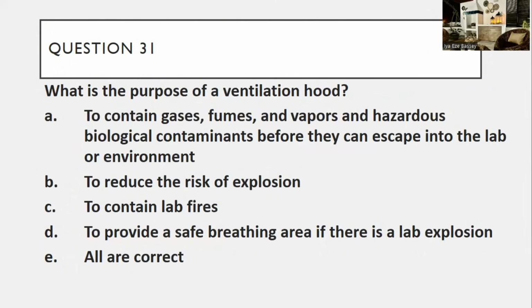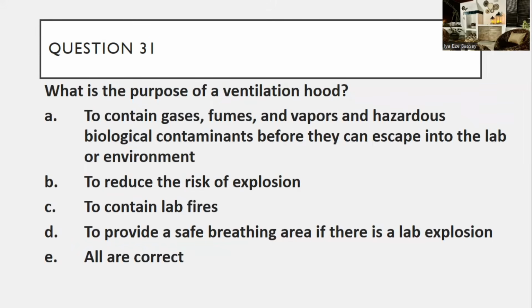What is the purpose of a ventilation hood? A, to contain gases, fumes, and vapors, as well as hazardous biological contaminants before they can escape to the lab or environment. B, to reduce the risk of explosion. C, to contain lab fires.